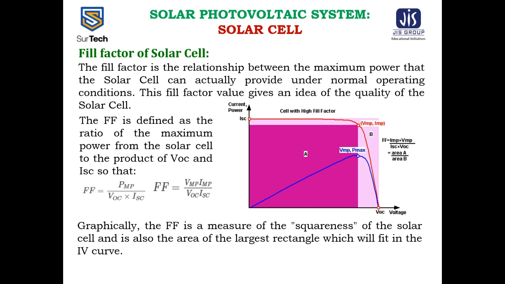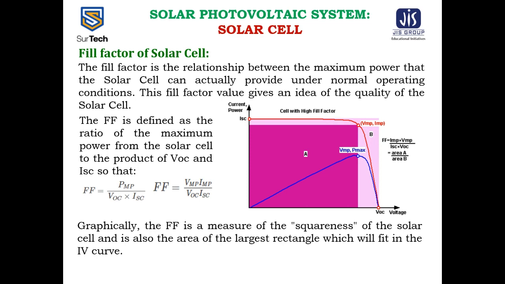So if we make the square as the VMP IMP, the maximum power, this is the maximum current and this is the maximum voltage, then we will get the square rectangle of a power. It is the measure of the squareness of the solar cell and is also the area of the largest rectangle which will fit in the IV curve.